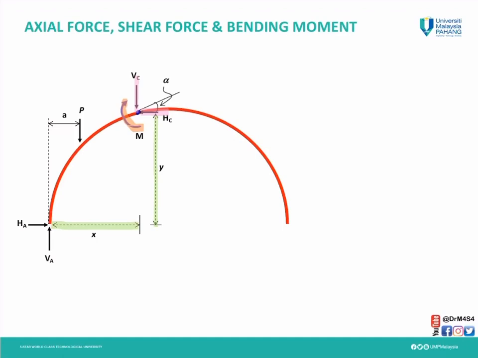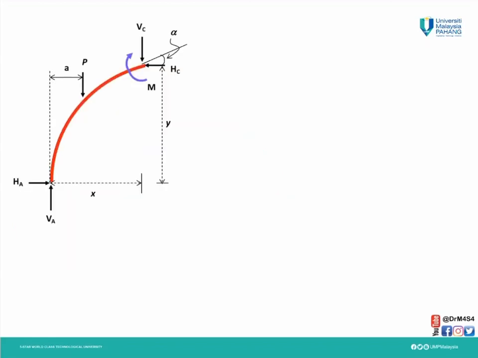When we analyze our arch, we're going to have reactions at support A and at support B. Now we cut exactly at location C. We have horizontal force at C, vertical force at C, and as usual the reactions at support A, VA and HA.